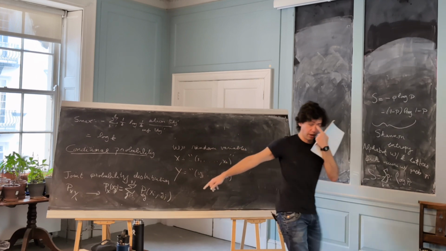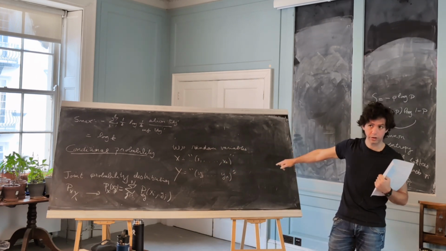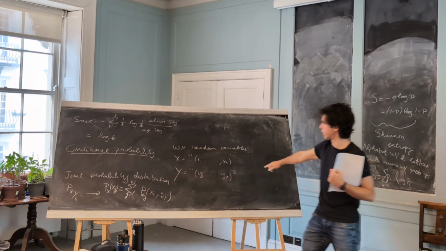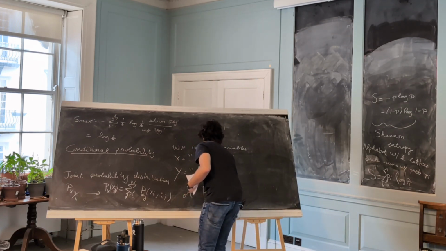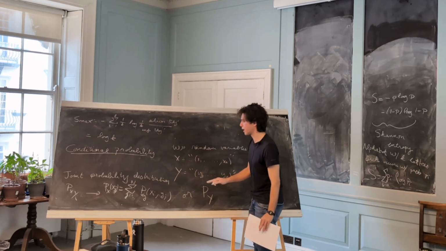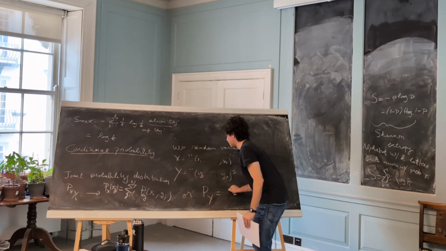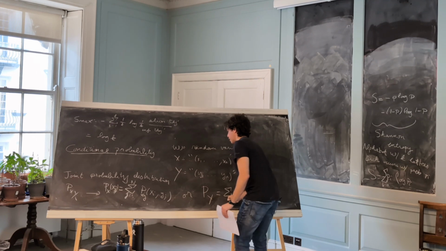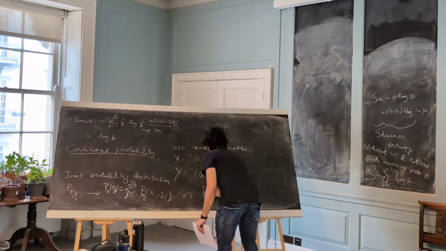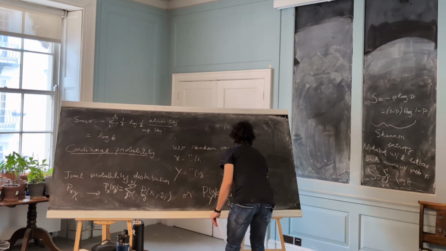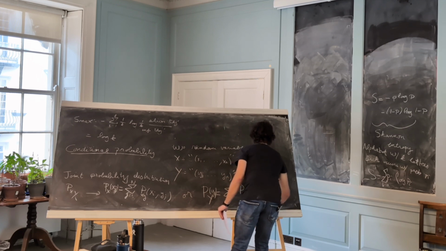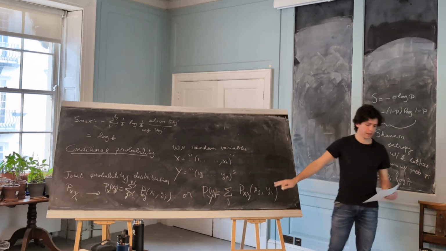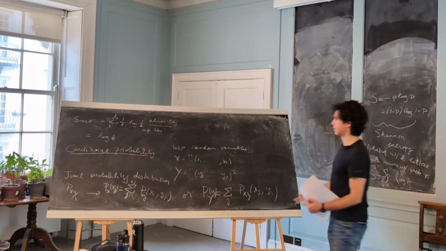So I define the probability on X by summing over all of the possible states of the string Y. And similarly, I have a probability distribution just on Y, which I can get by summing over i of P_XY of x_i, y_j.